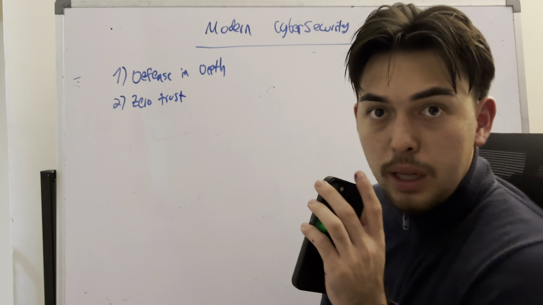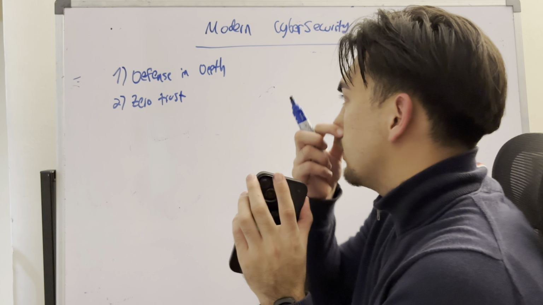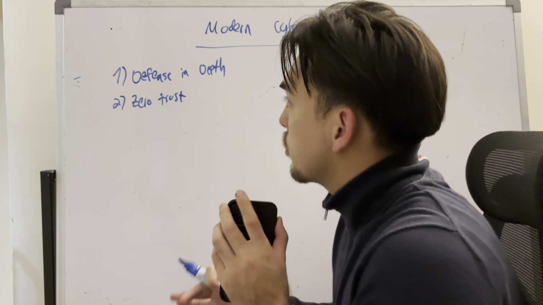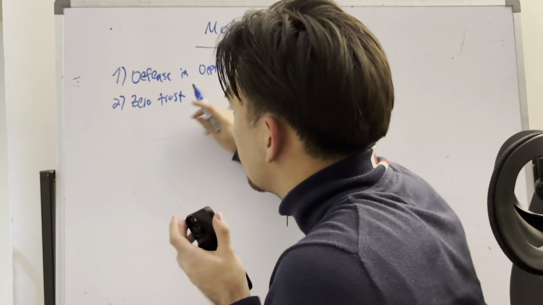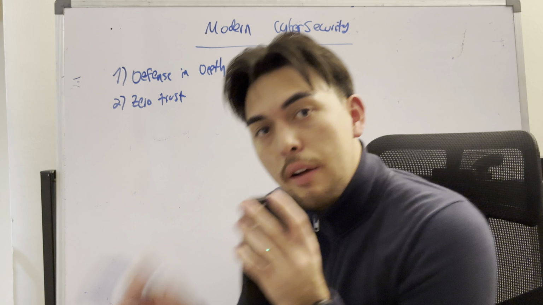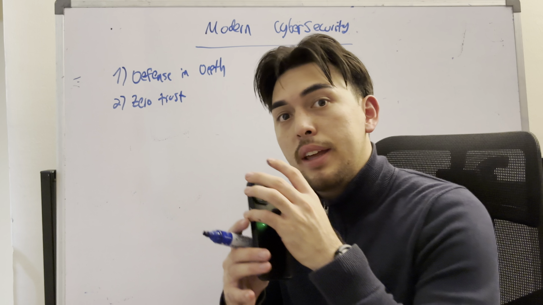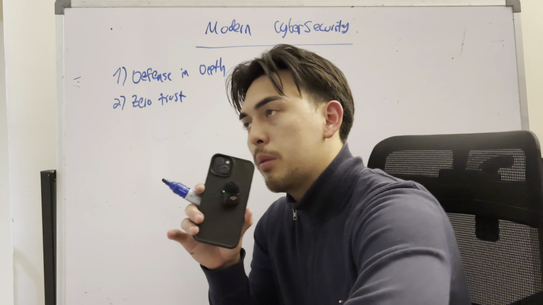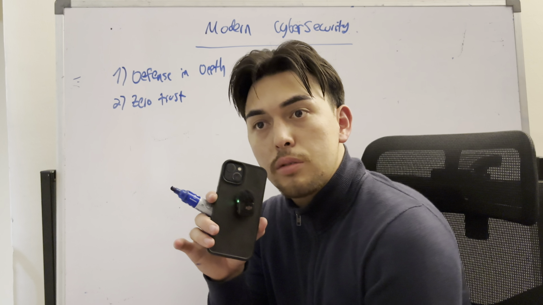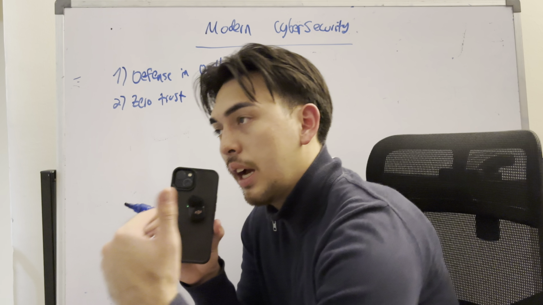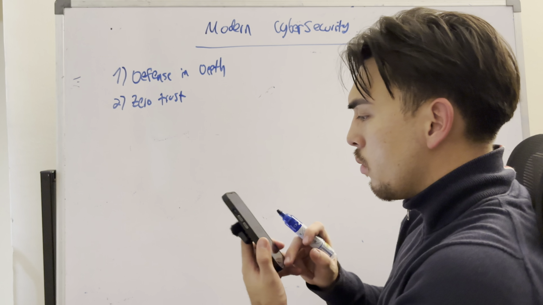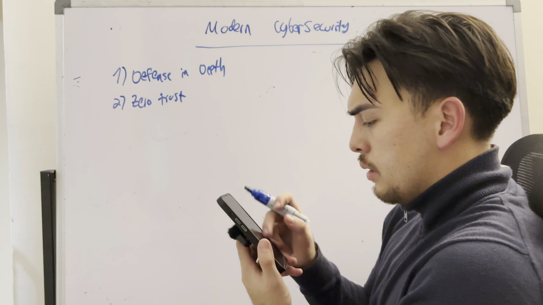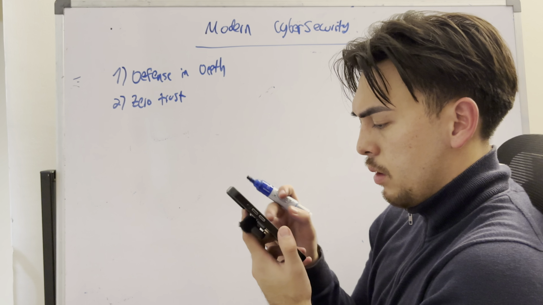Defense in depth, in summary, is basically stacking your cybersecurity infrastructure with multiple layers of defense, while zero trust basically means never trust anyone, always verify. Even if a user is able to access the first resource, that doesn't mean they have the same access to other resources, right? So, zero trust came about, okay?